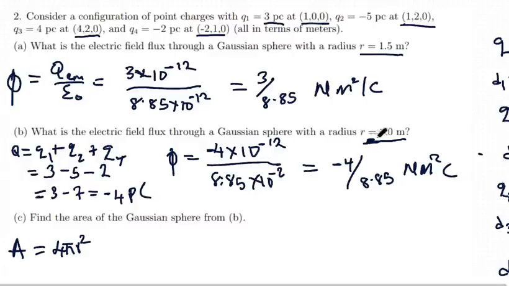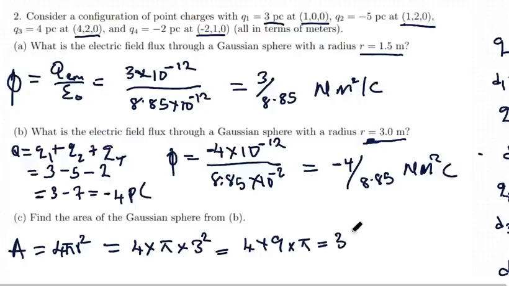We're told that the radius of the sphere is 3, so this is equal to 4 multiplied by pi times 3 squared, which is 4 multiplied by 9 times pi. 4 by 9 will give me 36 pi, and this in meters squared is the area.